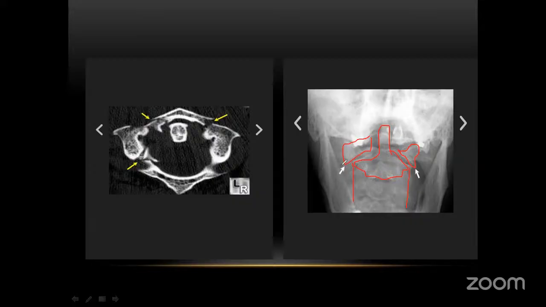When it is more than 7 mm, it suggests that the transverse atlantal ligament is disrupted. So we have seen two things. One, when the lateral mass overhang of C1 over C2 is increased, the rule of Spence being more than 7 mm, then most likely the transverse atlantal ligament is disrupted.